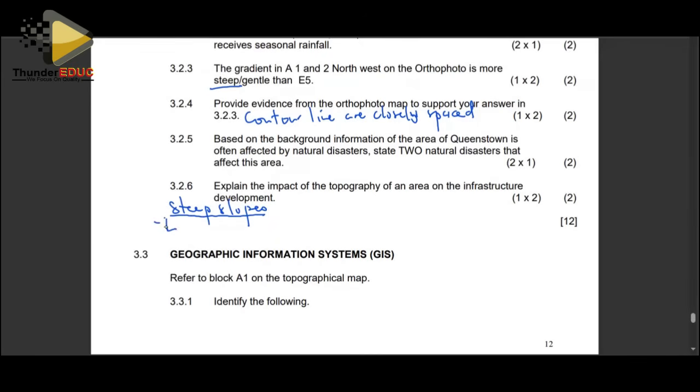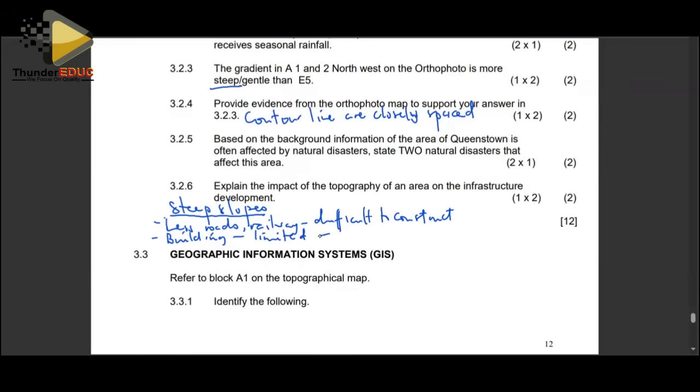There will be less roads or railway lines. Why? Because it's difficult to construct in those areas. Talk of buildings. If the area is steep sloping, they will be limited. Why?